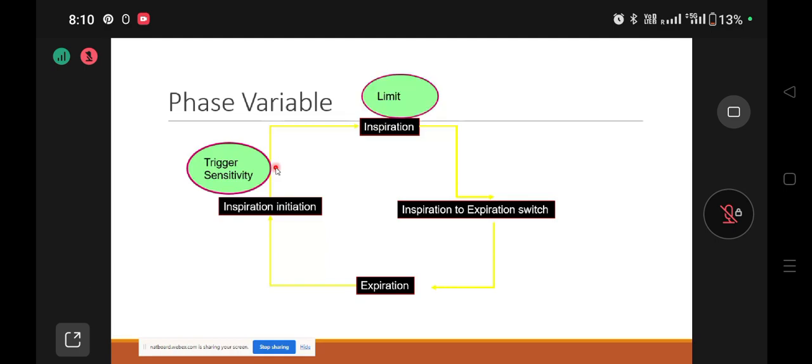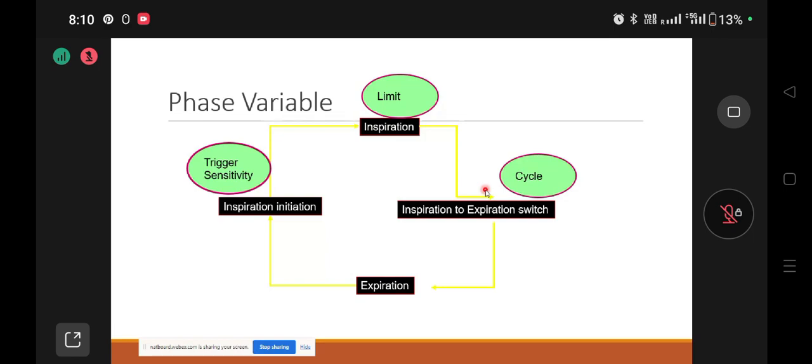Then the second comes the limit. How would the ventilator limit that inspiration? Again, this limit could be a volume limit, where you have set a target volume. It could be a pressure limit, or it could even be a time limit. Then we talk about when this inspiration turns to expiration, and this is called cycling.